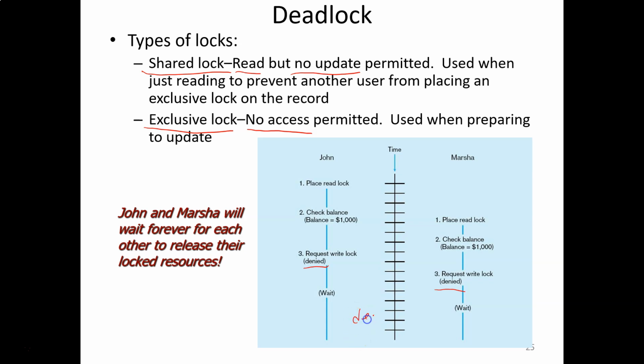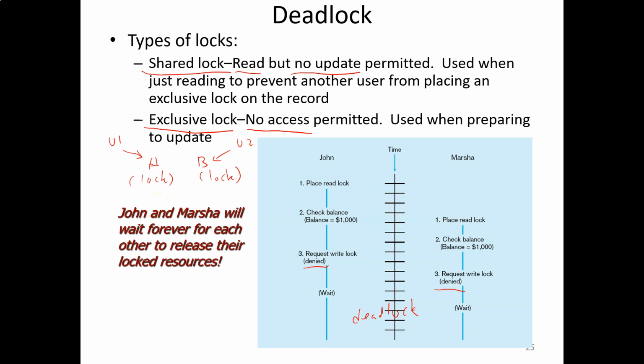Another example of deadlock would be, let's say for a particular transaction, you need two pieces of data, A and B. And the two users, user 1 and user 2, are both trying to perform the same action requiring these two pieces of data. So user 1 retrieves record A first and puts a lock on record A. User 2 requests record B first and puts a lock on record B. Then user 1 requests record B and is denied, because it's locked by user 2.